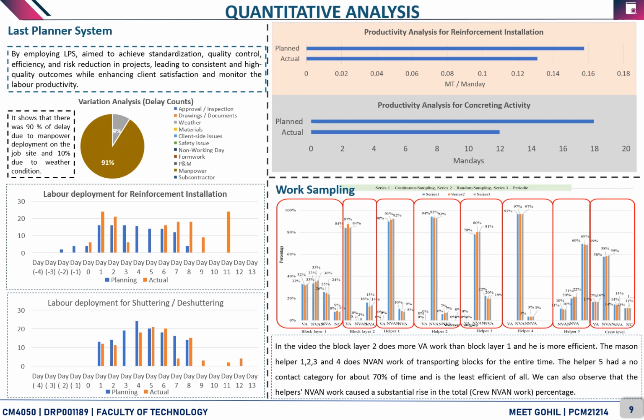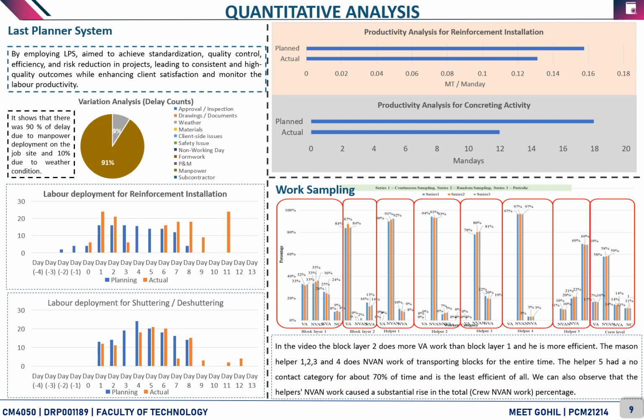According to our study of the video, the block layers do value adding work while the helpers do either non-value adding or non-value adding but necessary work. In the video, the block layer 2, that is mason 2, does more value adding work than block layer 1, that is mason 1, and he is more efficient.